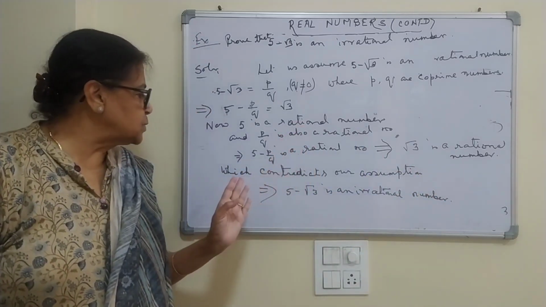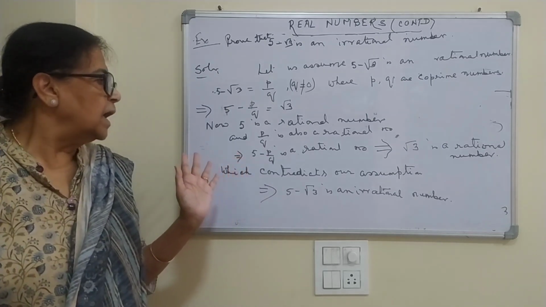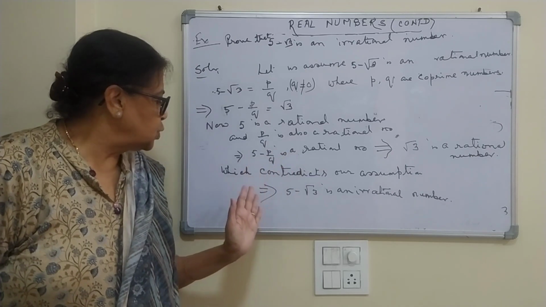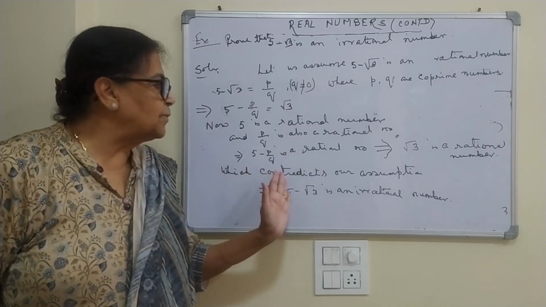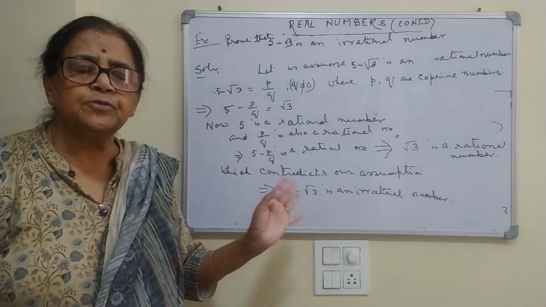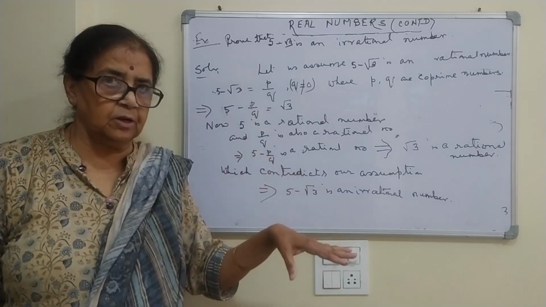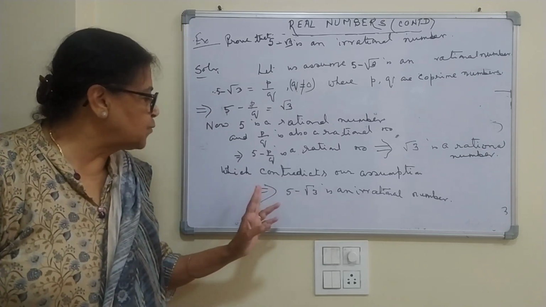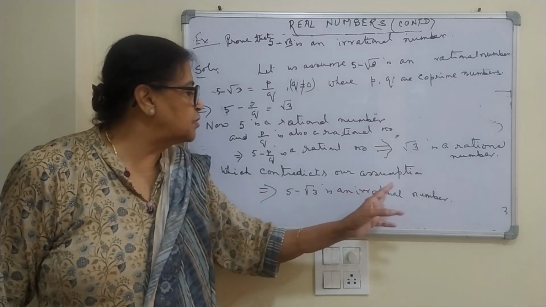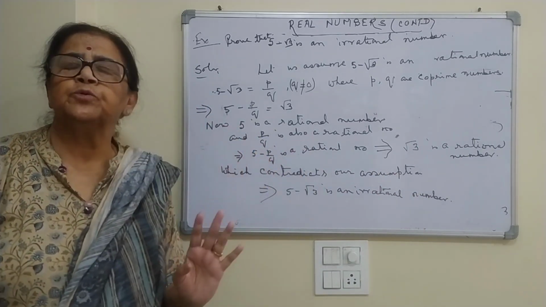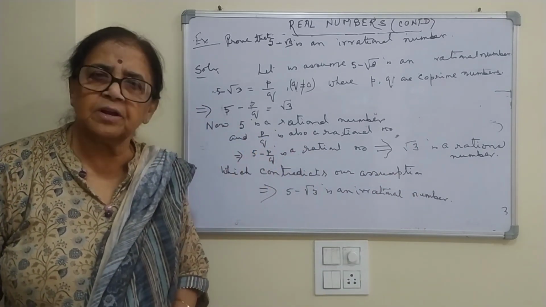But in the previous question we have already shown root 3 is not a rational number, which contradicts our assumption. So 5 minus root 3 is an irrational number.